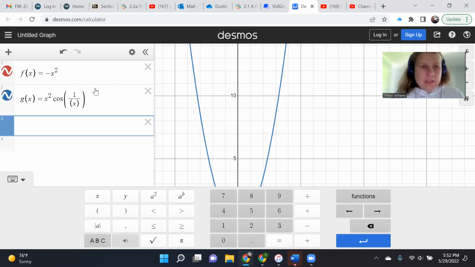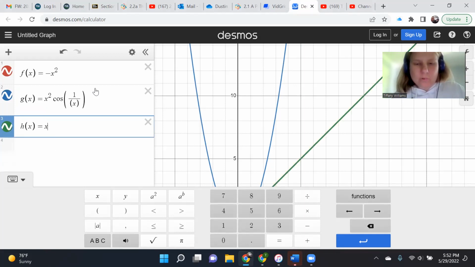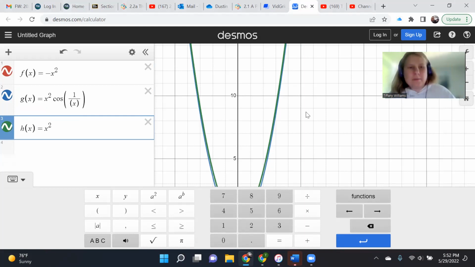And then finally, let's make h of x be equal to theta squared, or x squared.